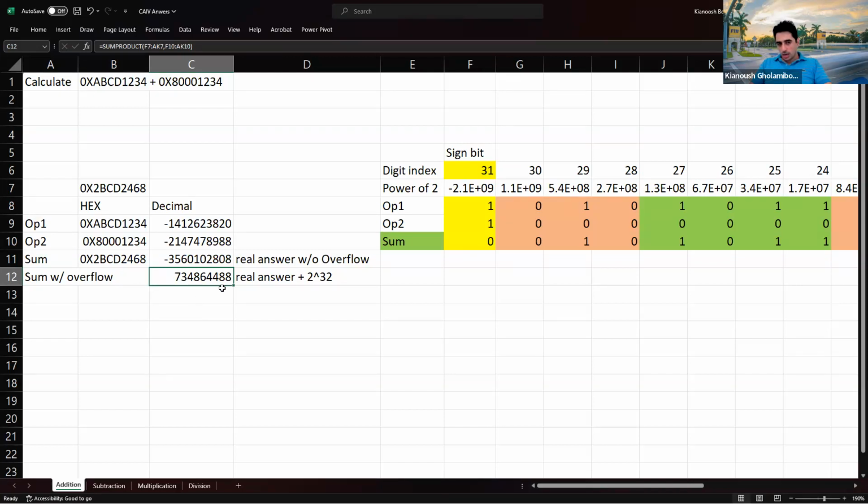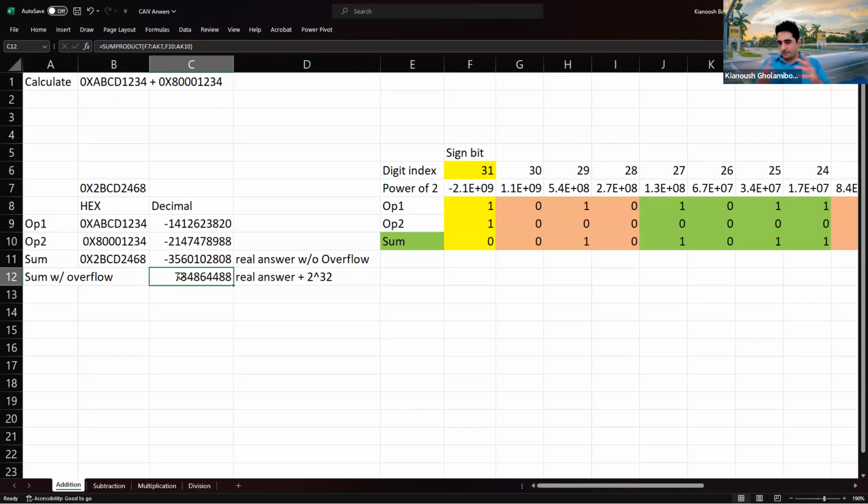If you're wondering what happened to this number, I should tell you that in order to get from here to here, you can basically add the real answer to 2 to the power of 32 to get the sum that we receive from the 32-bit adders used in computer hardware.